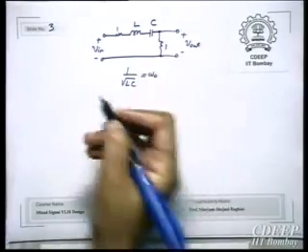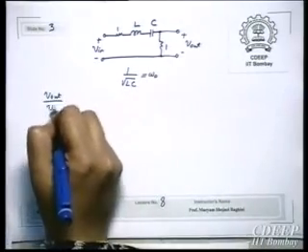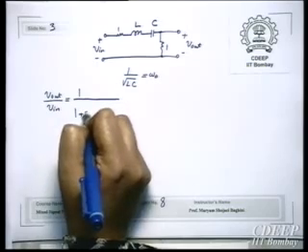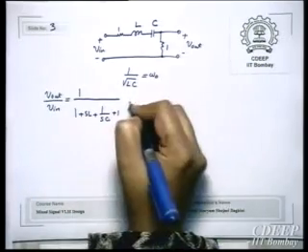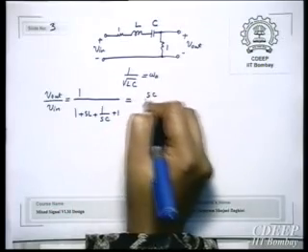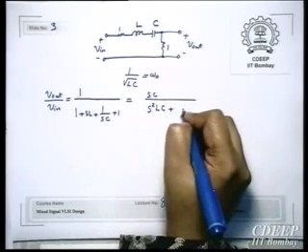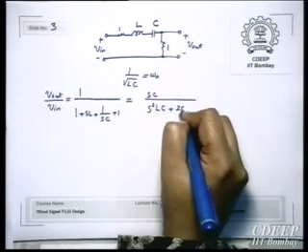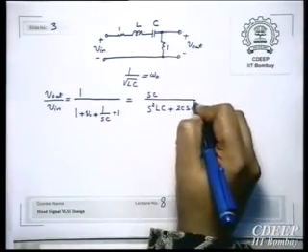So transfer function for this, V out upon V in, will be 1 plus SL plus 1 upon SC plus 1. Right? So it will be SC upon S square LC plus 2CS plus 1.